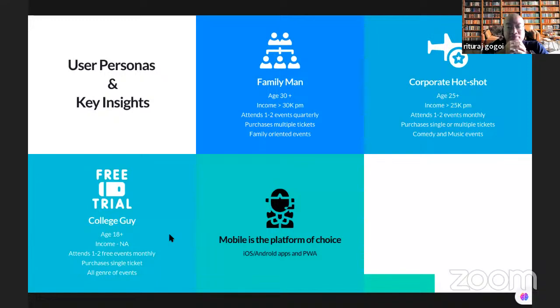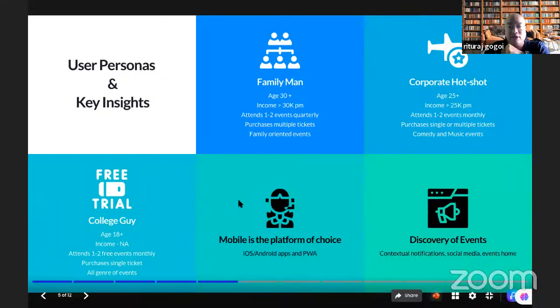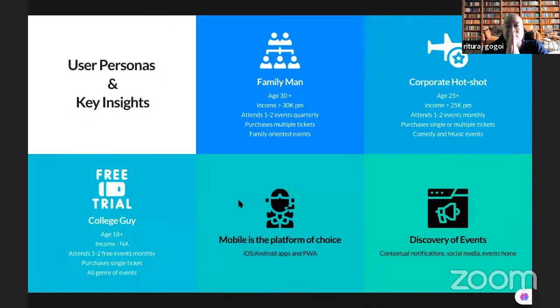The second insight was around discovery of events. Discovery of events was the single most important pain point for our user personas all across. Event discovery related to notifications, contextual notifications, in the sense of how they are notified whenever a new event is up and live.